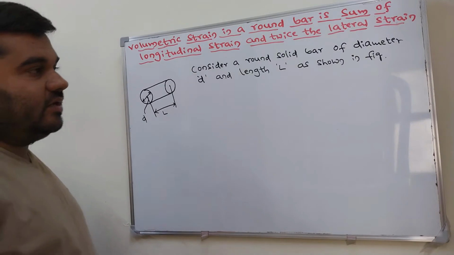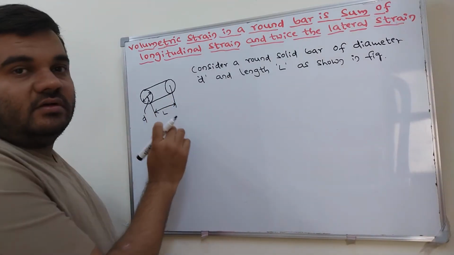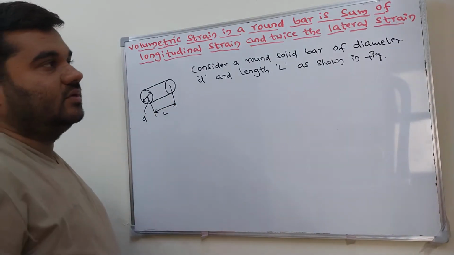We will start deriving the equation by taking the volume of the round bar.